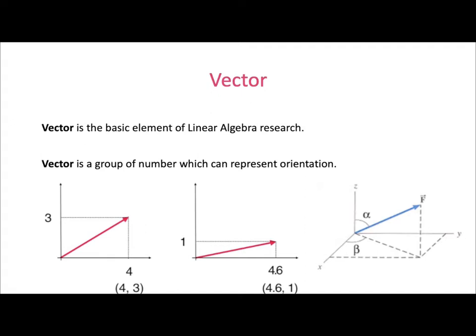So the position of our first endpoint should be expressed as the point (4, 3), and the position of the second endpoint can be expressed as the point (4.6, 1). In other words, I need to use two numbers, and we can accurately express the difference between the two positions.